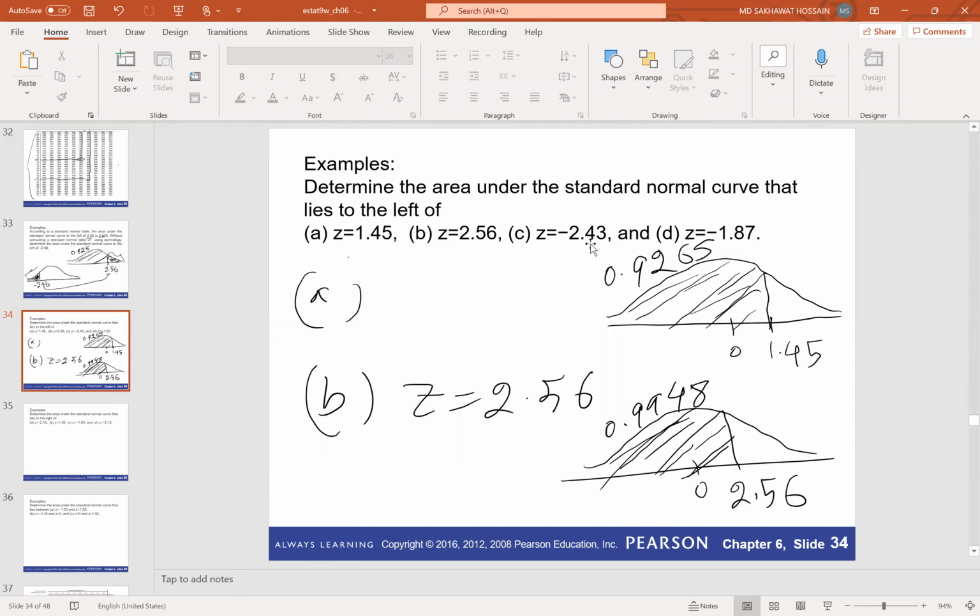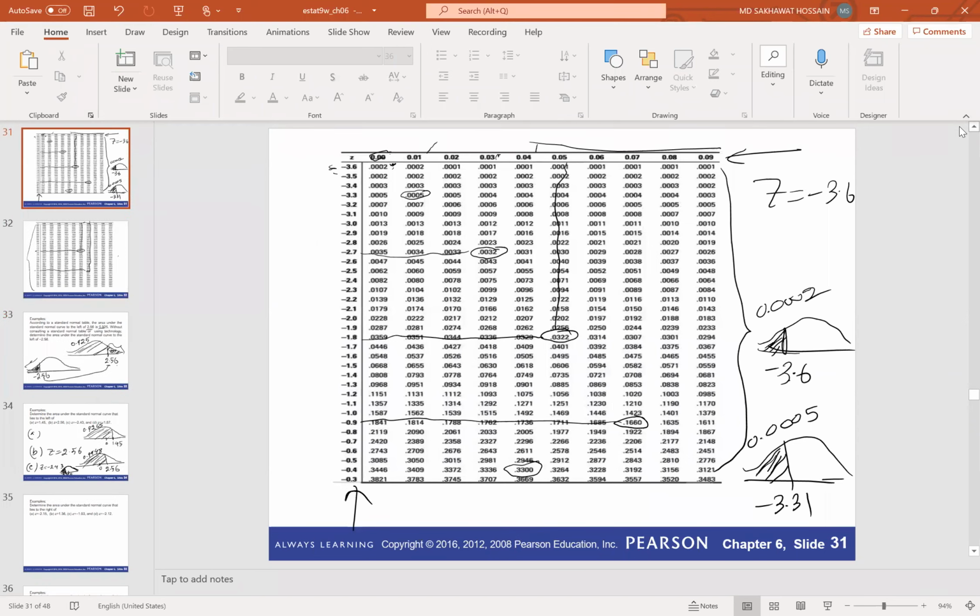And similarly, we'll find the area for -2.43. So part C is -2.43. Oh, I'm sorry. Yeah, it should be. So this is 0. Negative means on the left side of this number, -2.43. So we need to find this area. So now we have to look at the z table where the z-score is negative.